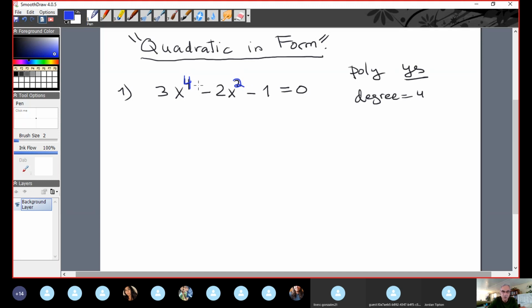And the relationship between the exponents is twice: the greater exponent is twice this one. Therefore, this is the characteristic to recognize quadratic in form. So we are doing one shortcut that helps me to convert this equation, a polynomial equation of degree 4, into an equation of degree 2.